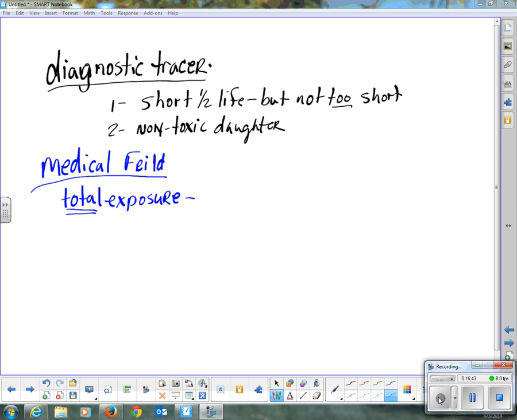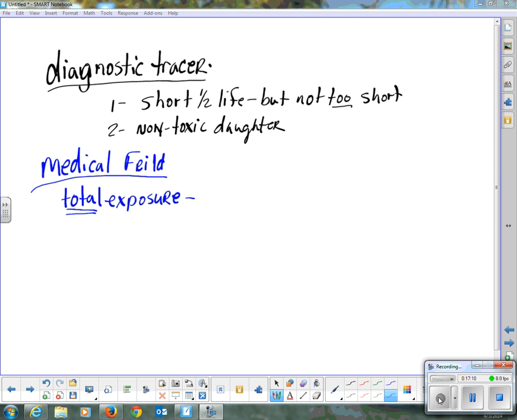Okay, we talked about ways that we could read how much radiation is coming off. We had the physical that we read in curies and the biological that we read in rads and roentgens and grays. But we want to talk about the medical field, and we want to know the total biological hazard that we have been exposed to.